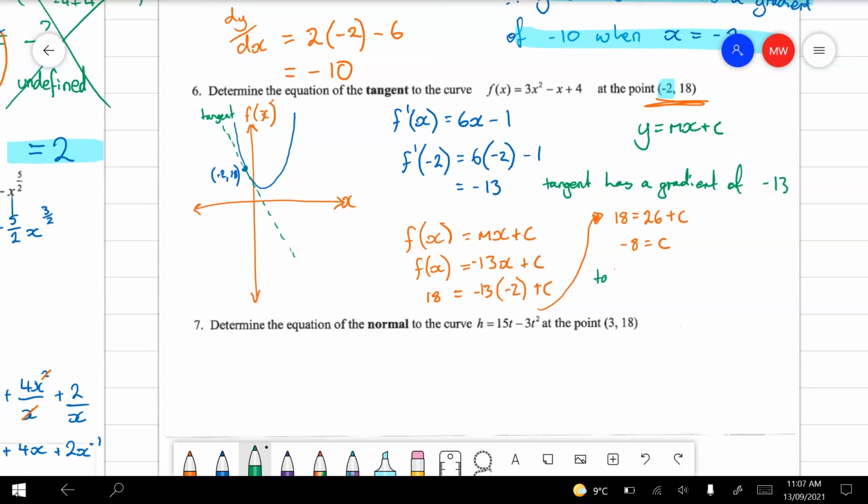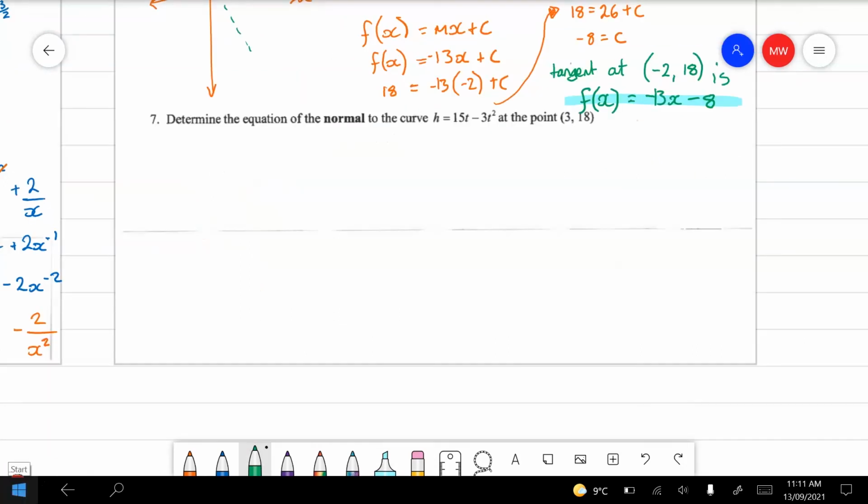So the tangent at (minus 2, 18) has an equation f(x), it's asked in f(x), so we'll answer in f(x), equals minus 13x minus 8. And that's our final answer.